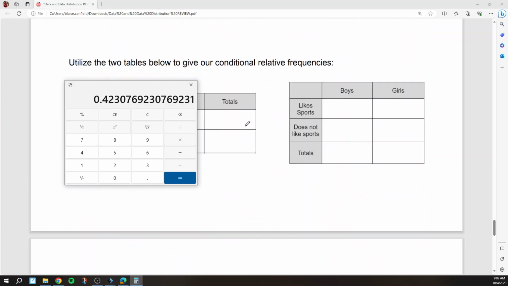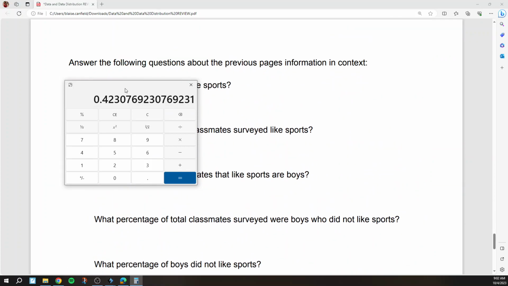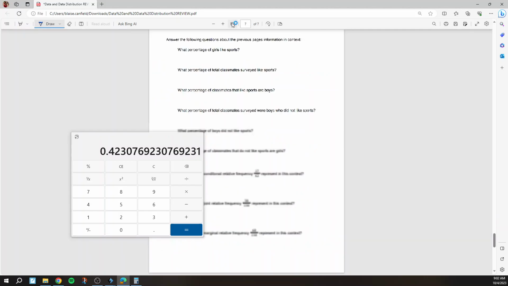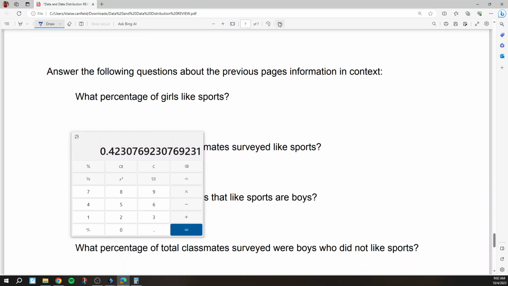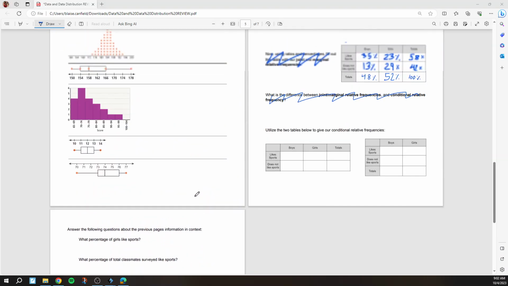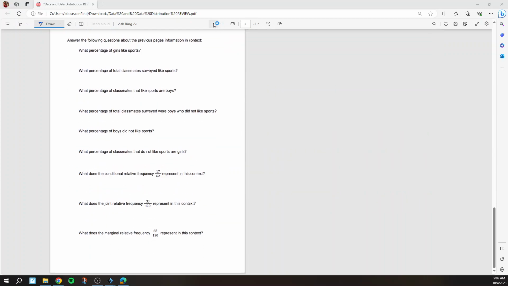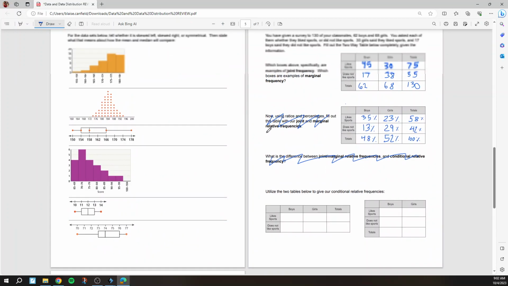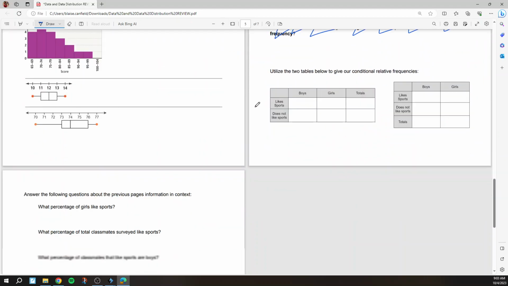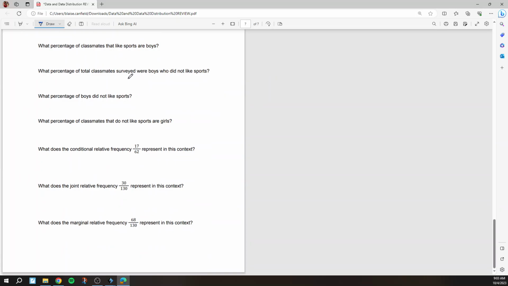I'm going to skip these. So let me change this to, I can do multi-page view, I believe. Yeah, okay. Well, that's not quite what I was hoping for. Oh, dear. I guess I'm just going to have to scroll back and forth.